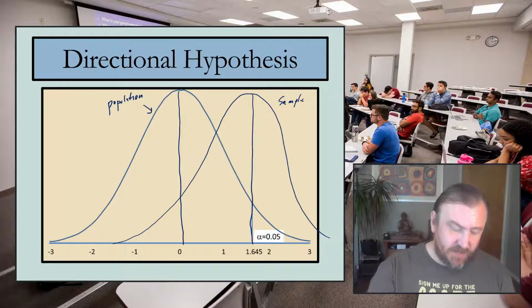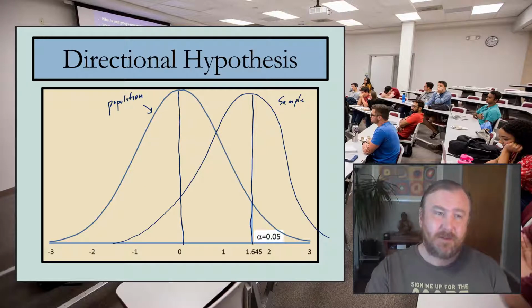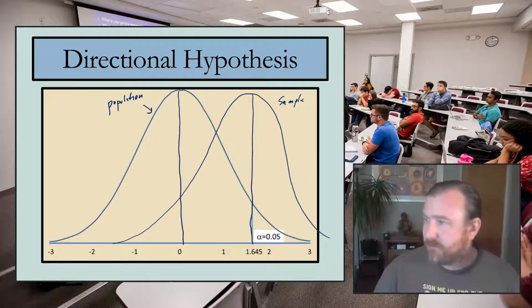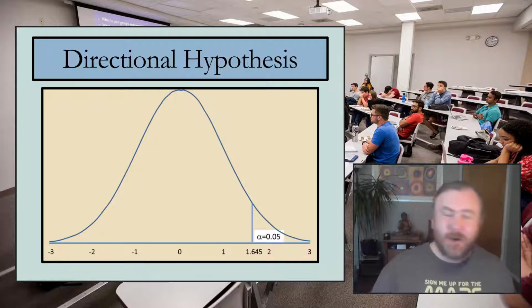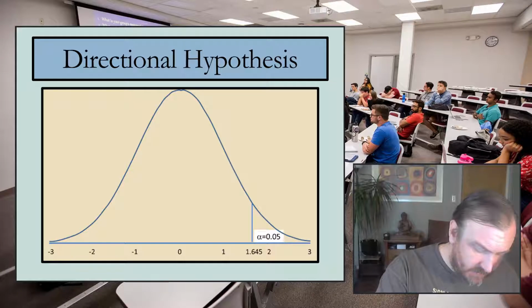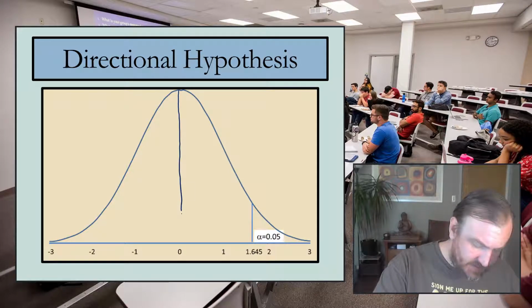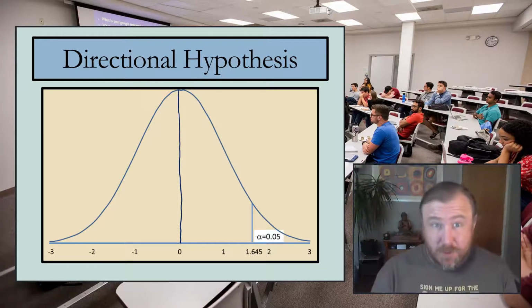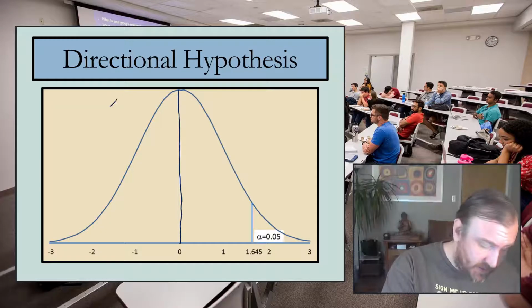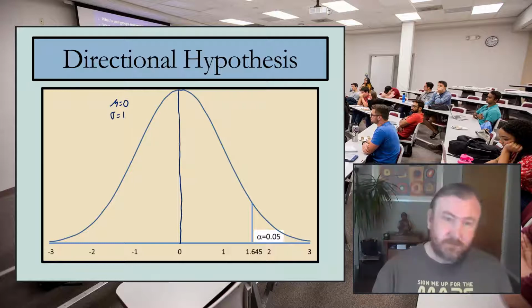And the way we do it is we set a criterion, right? And so if there's this shaded region... Okay, so say we have this normal distribution, and we standardize it, we put it in units of z, and this distribution has a mean, by definition, of 0, and a standard deviation of 1.